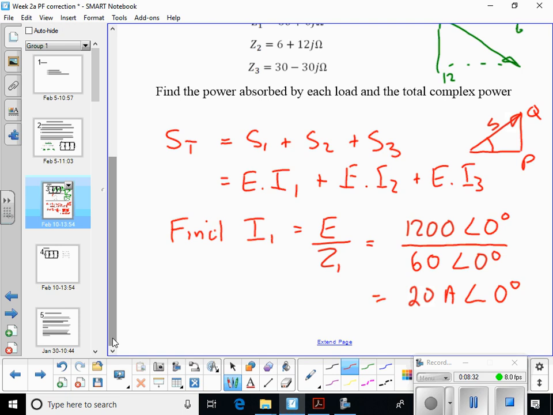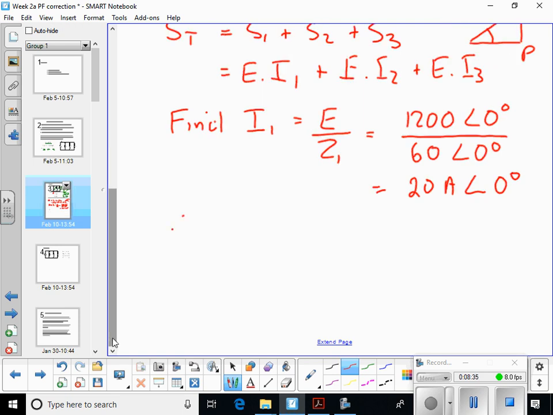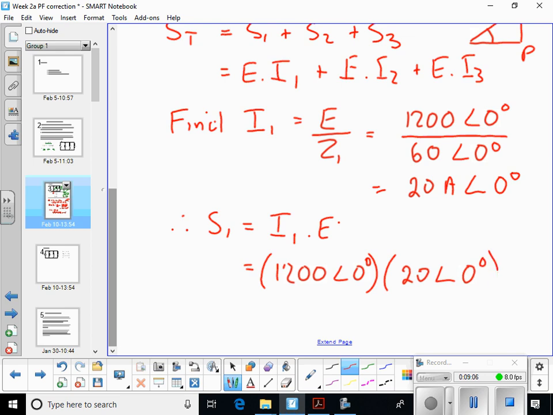Now what we can do is find S1, which is I1 times E, that is 1200 angle 0 degrees, the voltage, multiplied by 20 angle 0. The degree symbol is important, by the way; if you leave it off, radians is assumed. So the multiplication is multiply the magnitude, so 20 times 1200.